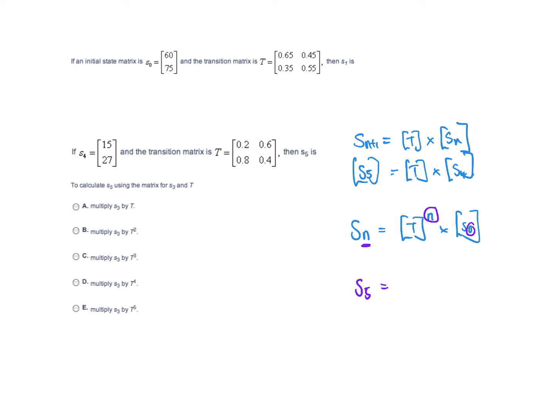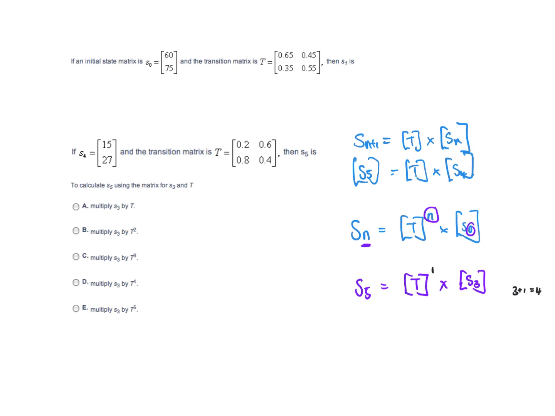Now, if you look at all the options, the first option was transition by S3. Well, that's not going to work, because if I do that, remembering that this is a 1, 3 and 1, 3 plus 1, that only gives 4, and I want 5.